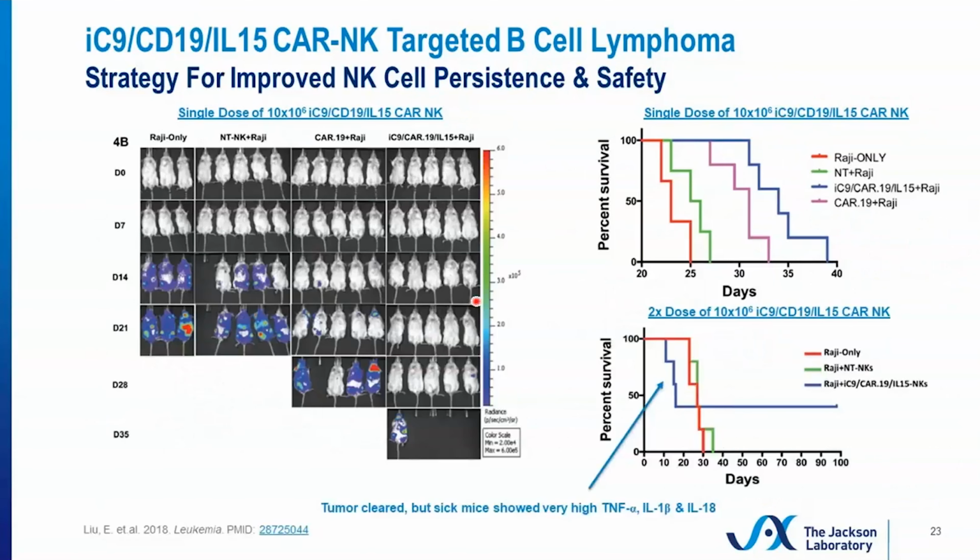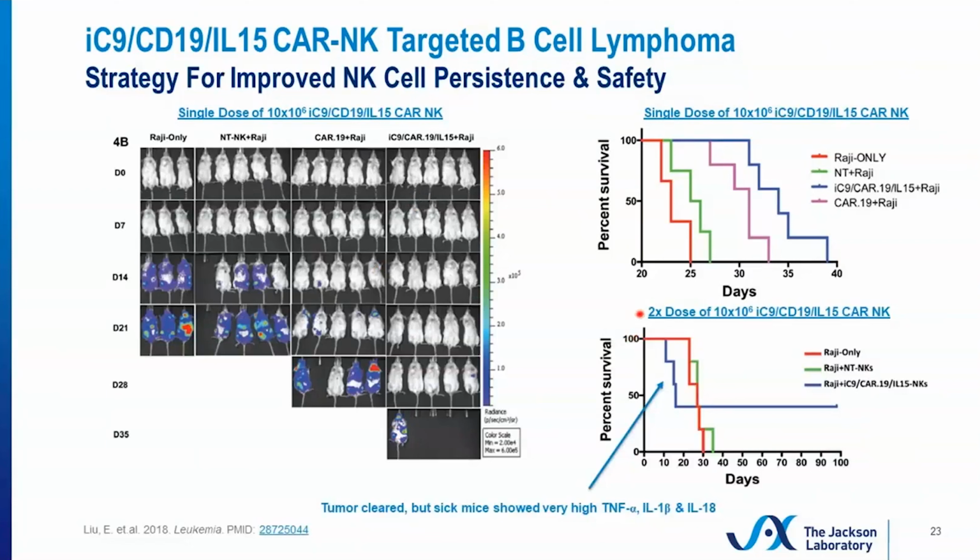Now, one of the things to be noted in the same study is that with a single dose of the IC9, CD19, IL-15 CARs, there were some mice that persisted in terms of tumor development with extended time periods. So they took a look at a second dosing of the CAR NK cells. And what they found was very interesting.